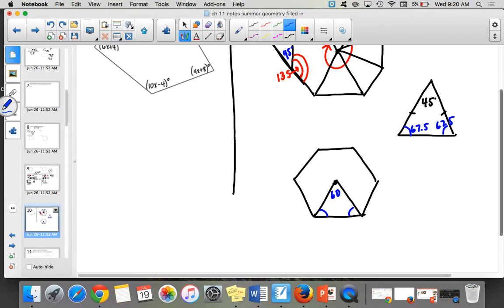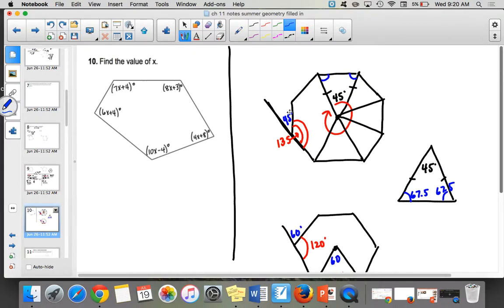They're both 60. They add up to be 120, right? So that means this whole interior angle is 120. It was the 2 added together. So then what's the outside? 60. Okay, in both of these problems, the exterior angle, 45, was the same as that central angle.